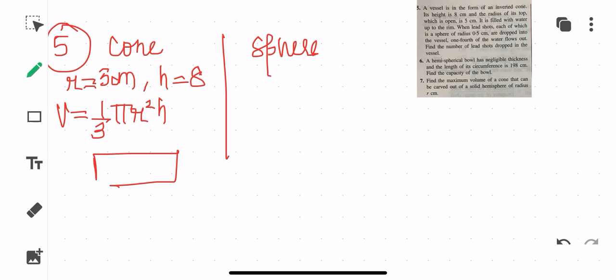So for that, children, you will be writing down like this: for sphere, what are the lead shots that are given? The radius here has been given as 0.5 centimeter, which is equal to half. So you will be finding out the volume, which will be equal to 4/3 pi r cube.